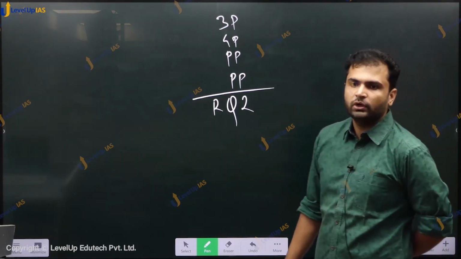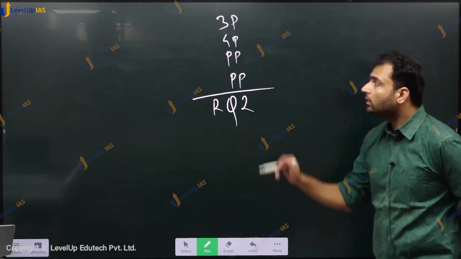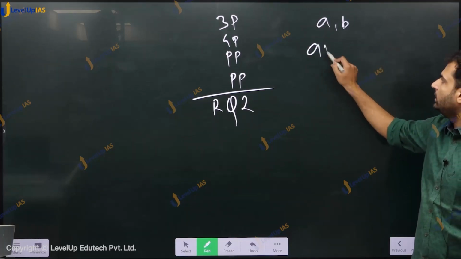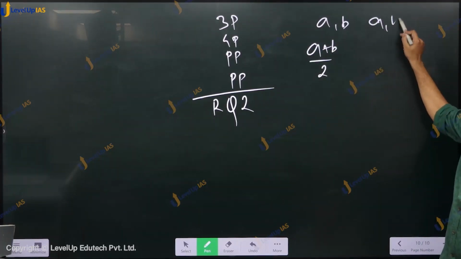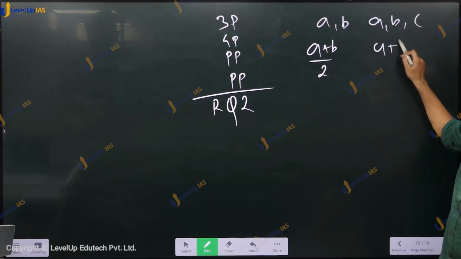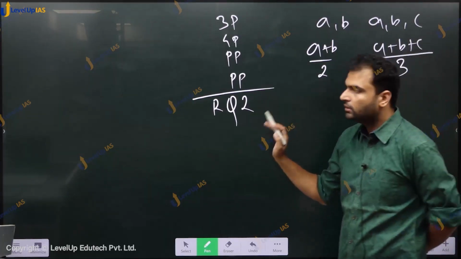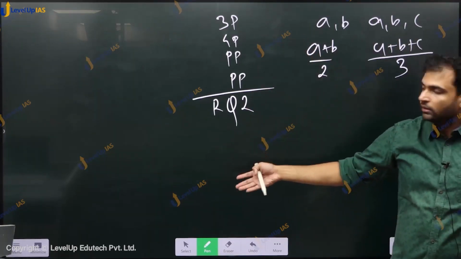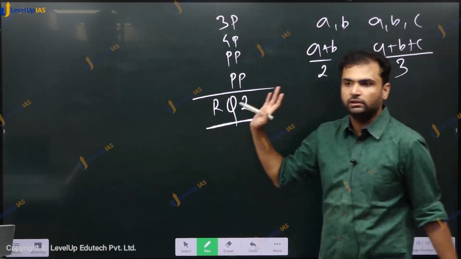Arithmetic mean of all the possible sums. Arithmetic mean सबको पता है क्या होता है? नहीं पता है तो if I have numbers a b, then arithmetic mean is a plus b by 2. If I have 3 numbers a b c, then arithmetic mean is a plus b plus c by 3. That is arithmetic mean. So you have to find out ऐसे कितनी possible sums है. Then whatever those sums are, you have to take their arithmetic mean. That is the answer.